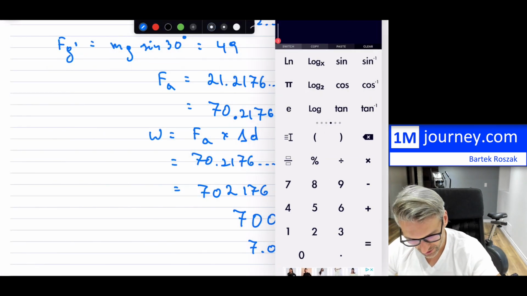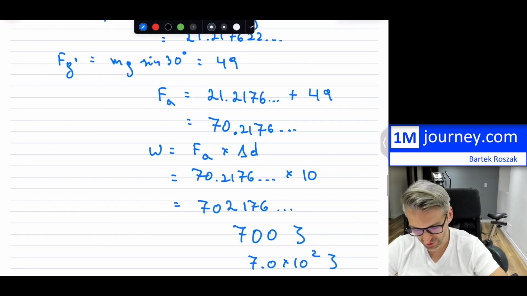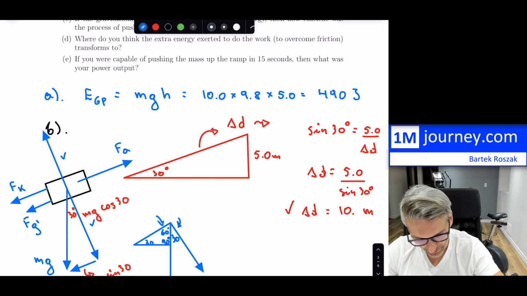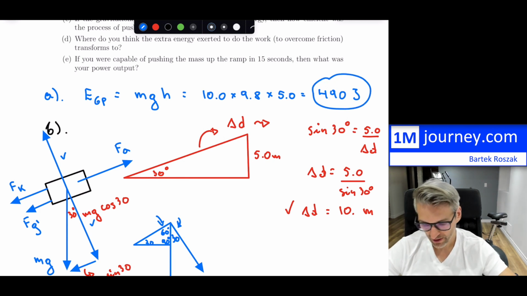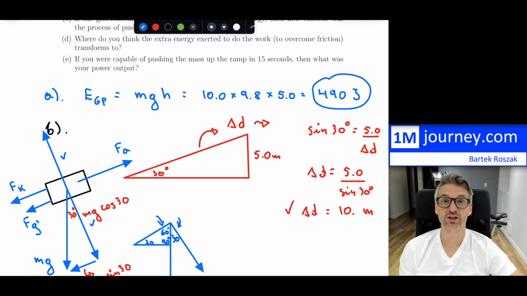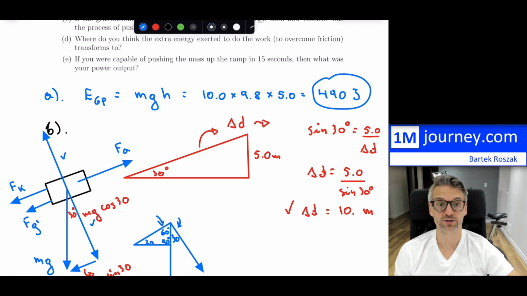All right, so there you have it. That's the amount of work. Now notice the amount of work is more than if the surface was just frictionless, because then it would have been just 490.